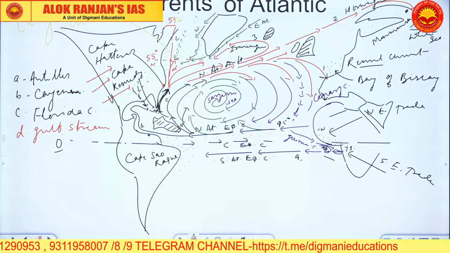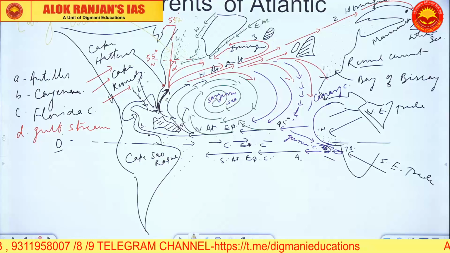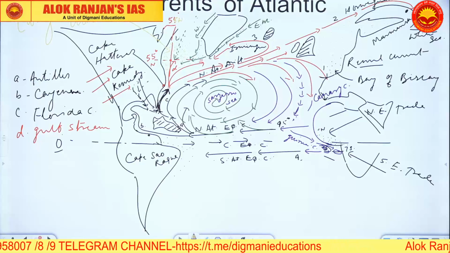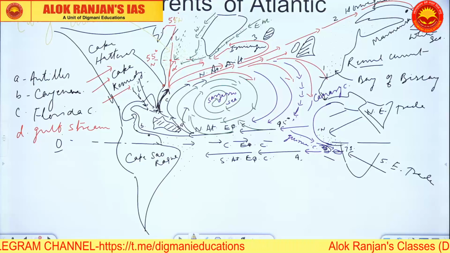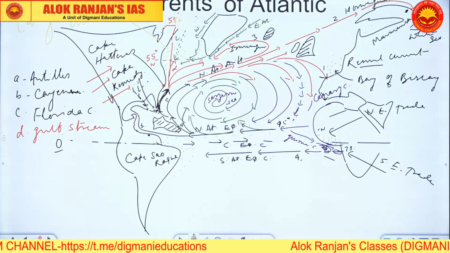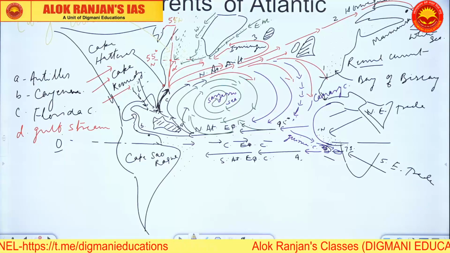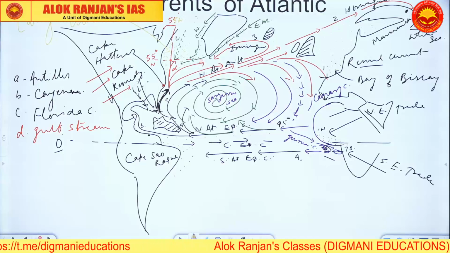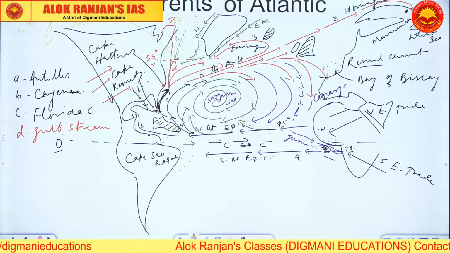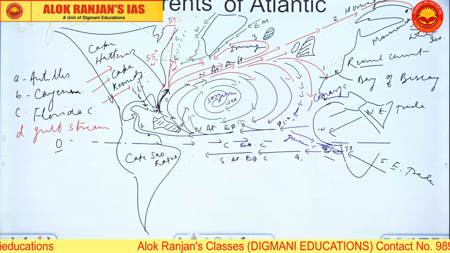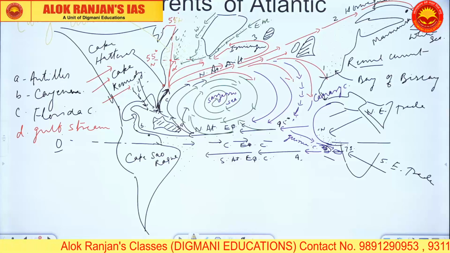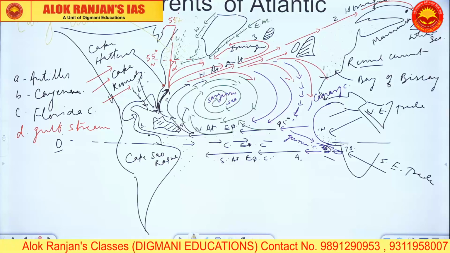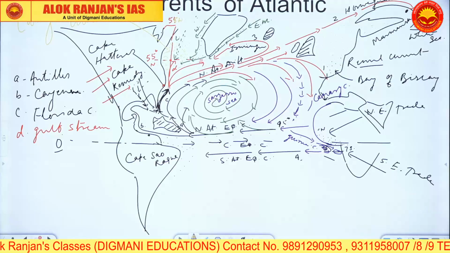That's another agenda for today's class. Cold upwelling zone, then desert formation, Ekman's pumping and spiral laws, then distribution of all these currents, their naming, their location, the fishing belts.